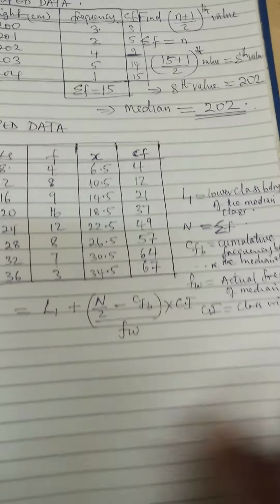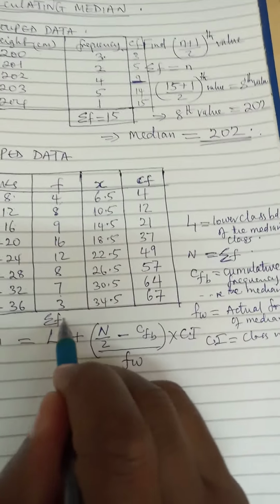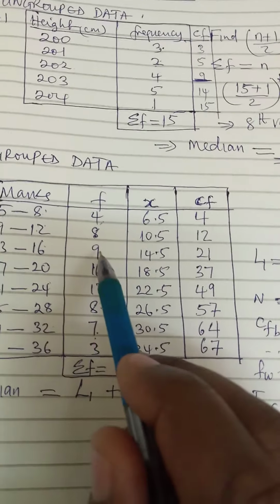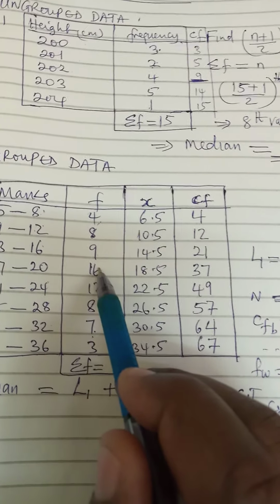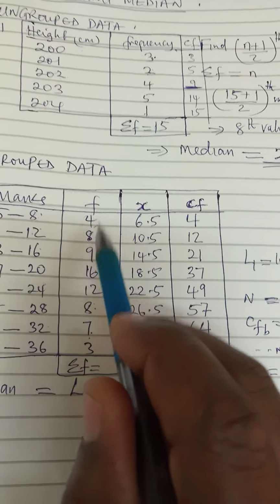Now, how do we get our N? Our summation of F, we have said, is 67, but we can confirm by re-adding. This is 10, plus 20, that is 30, plus 25, that is 55, plus 8, that is 63.